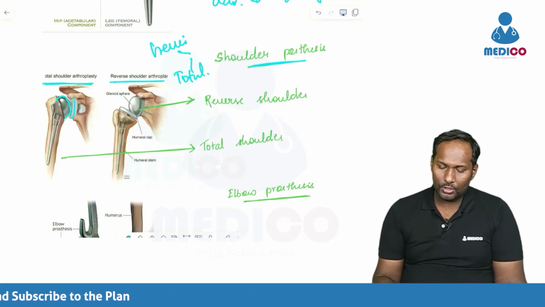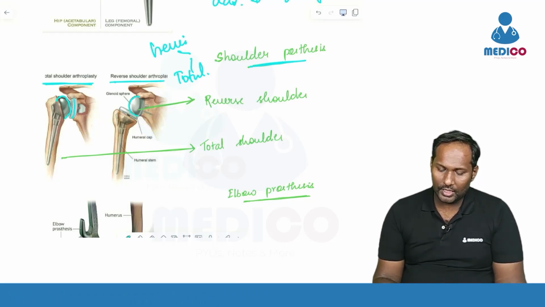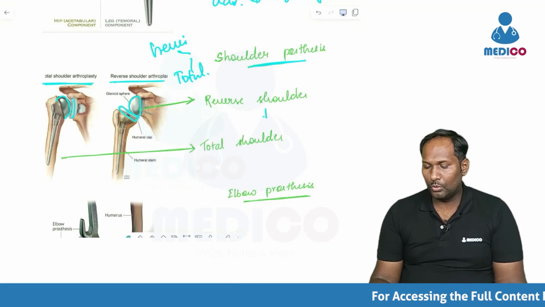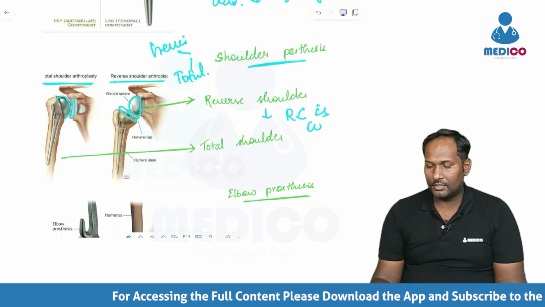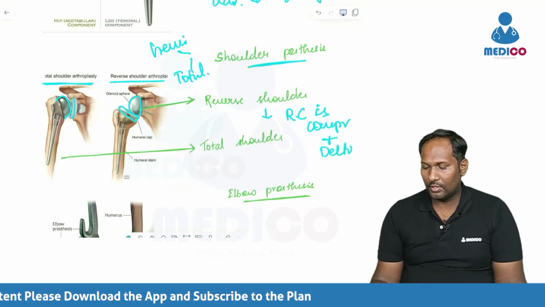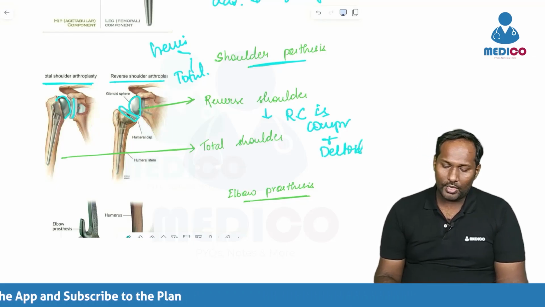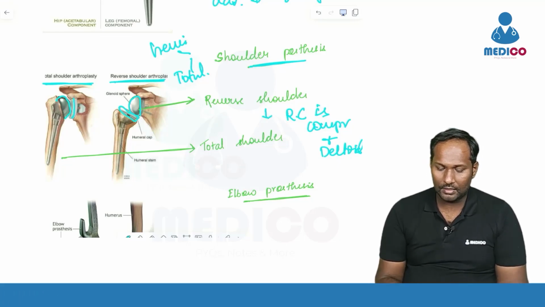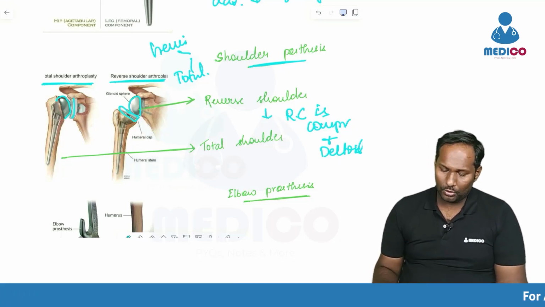In reverse, the glenoid becomes the ball and the humeral head is replaced with the socket. Reverse shoulder is most used where the rotator cuff is compromised, and you use the deltoid. If the rotator cuff is compromised, you use a reverse shoulder arthroplasty rather than a total shoulder arthroplasty.